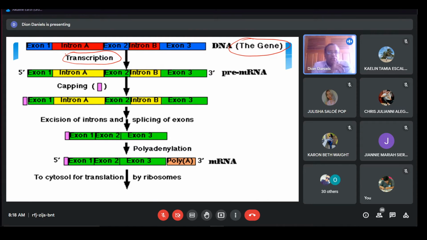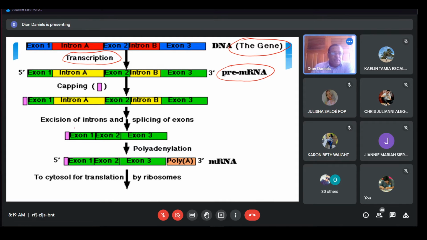And after transcription, we end up with what is called a pre-messenger RNA. Now this process has been completed. All right, so transcription is over, and we end up with a pre-messenger RNA. Now there are several things that must happen to that pre-messenger RNA before translation can start.